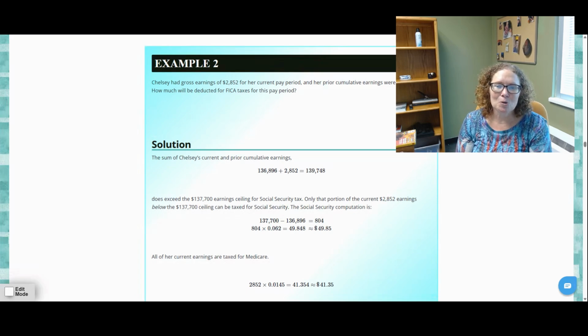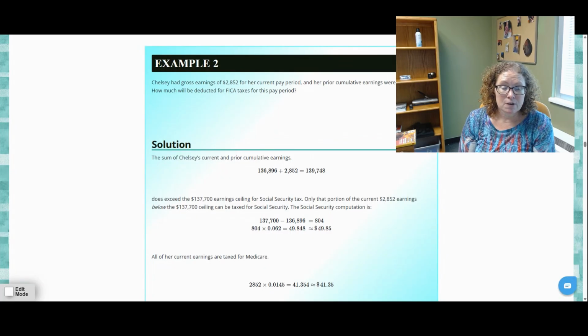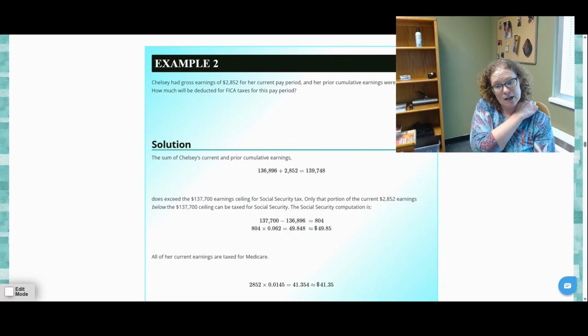So only the portion of the current earnings below the $137,700 can be taxed for Social Security. So we want to subtract her prior earnings from the $137,700, and we get $804.